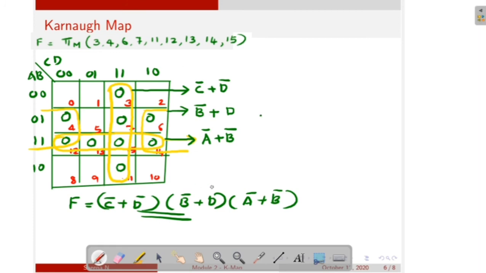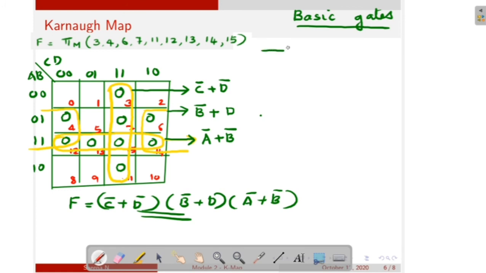Next we have to implement this Boolean expression using basic gates and universal gates. So first we implement this simplified Boolean function using basic gates. Here we have C, D and B inputs, and the A input is complemented.